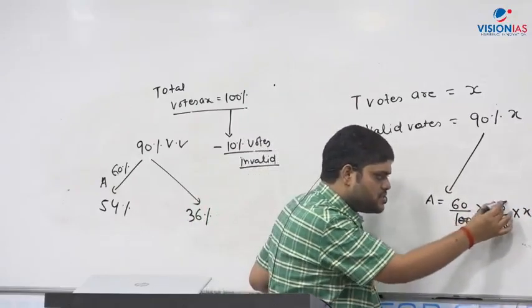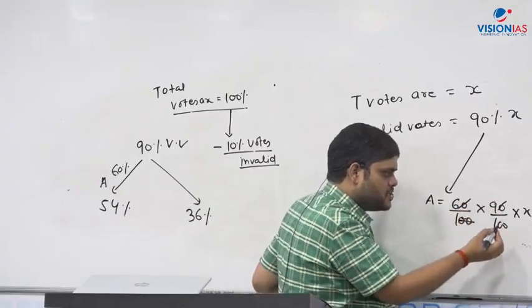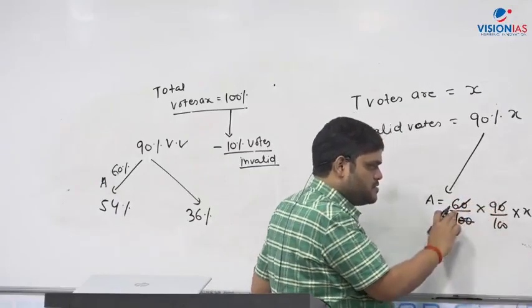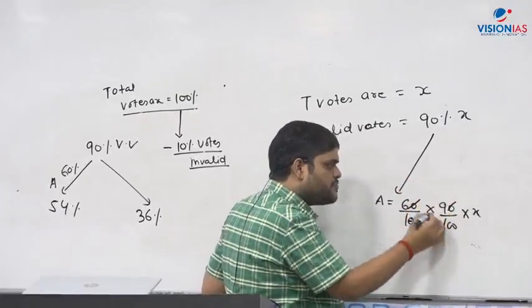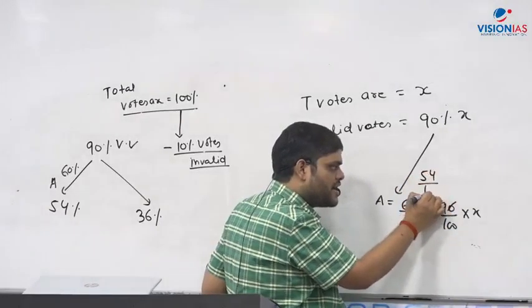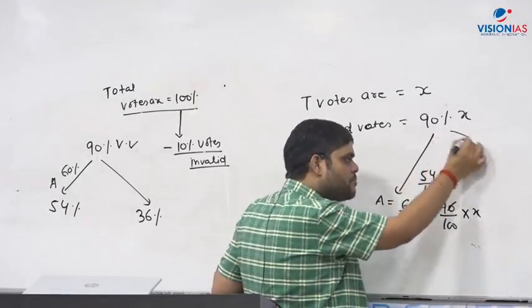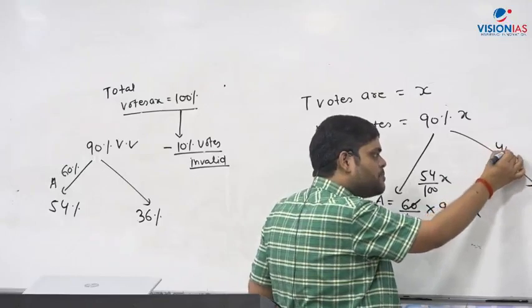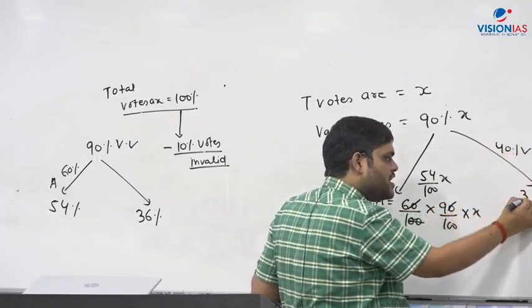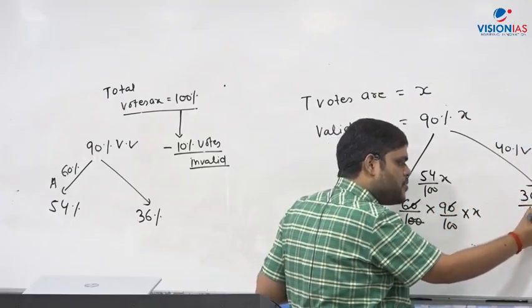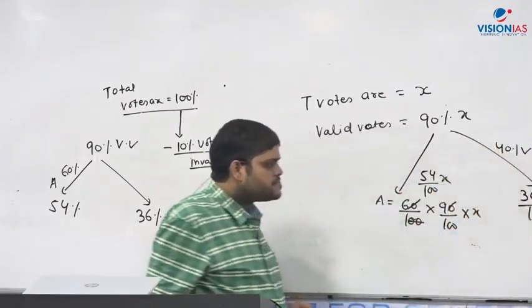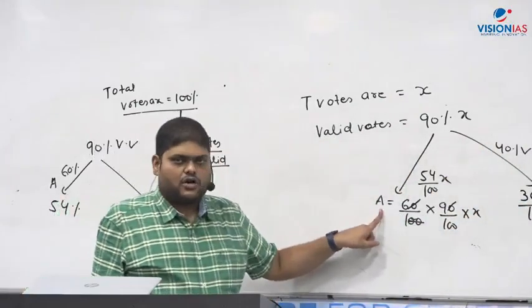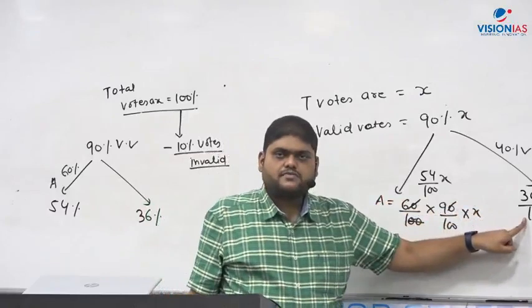So this cancels out. This becomes 54 upon 100x. And B will get 40% of valid vote, that will come 36 upon 100x. So this is A's vote, this is B's vote.